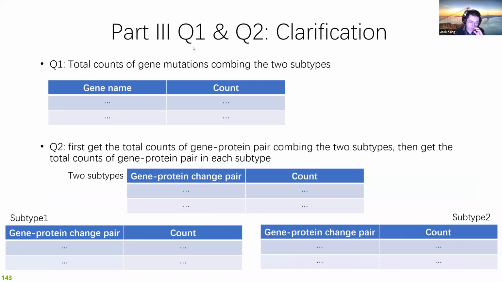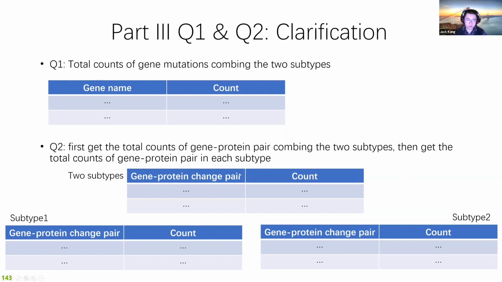And this is just a clarification on question 1 and question 2, because the result it asks for is not really clear. So for question 1, you need to print out the table of total counts of just gene mutations combining the 2 subtypes. So it's a table with gene name and the count.